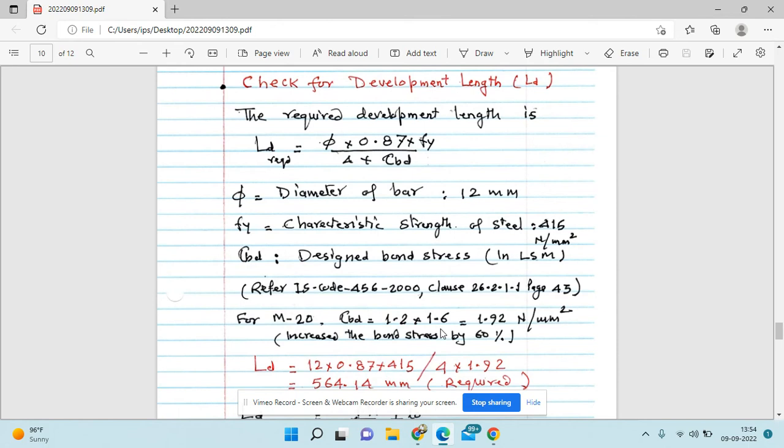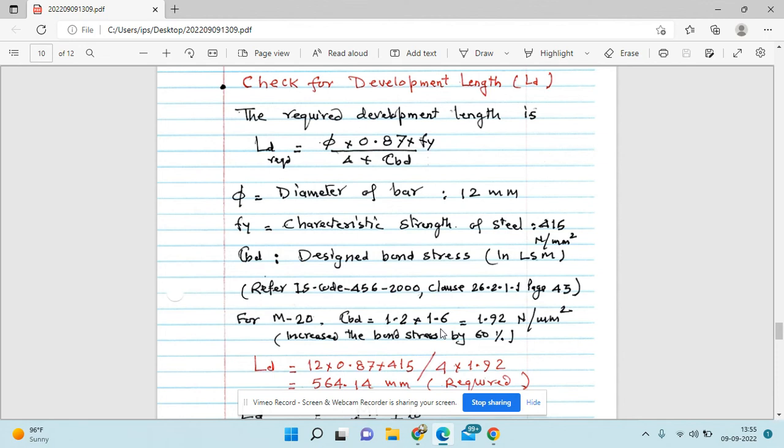Now we are supposed to find out the check for development length, that is LD. As per the code, we have to go for the value of LD as Phi into 0.87 Fy upon 4 times tau BD.